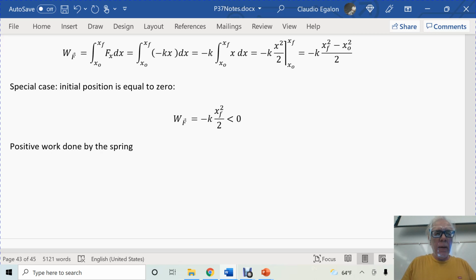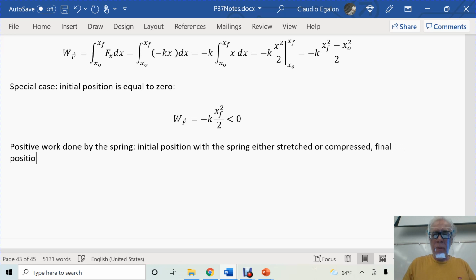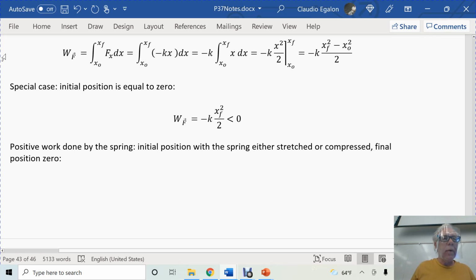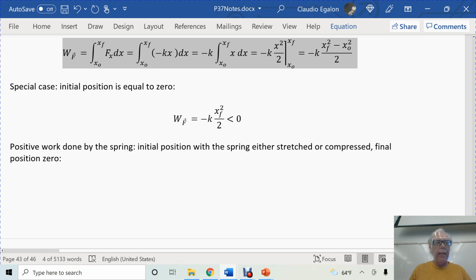Okay? Initial position with the spring either stretched or compressed. Final position 0. Okay, so here you go. Just use the same general equation that we did before.